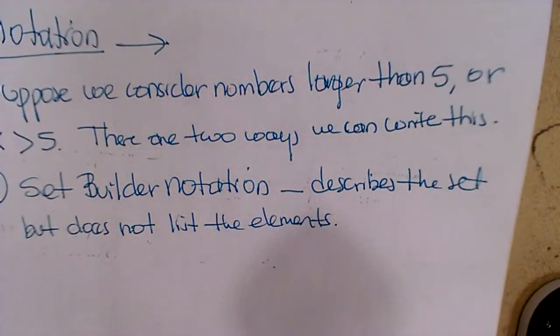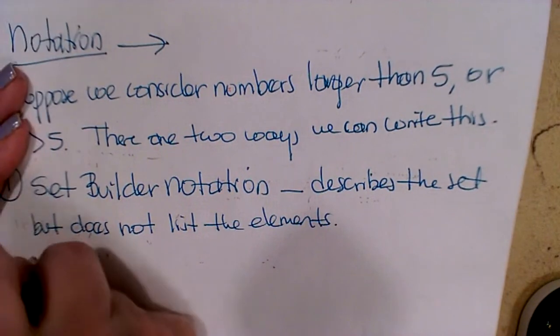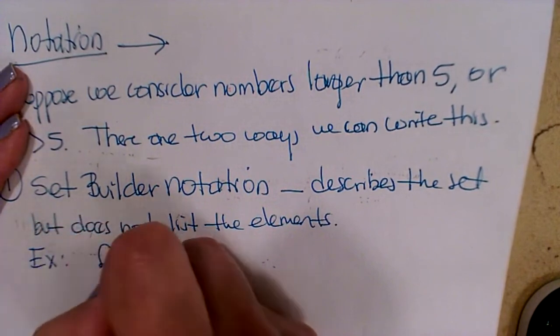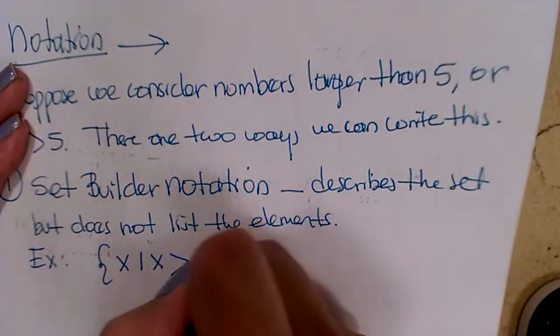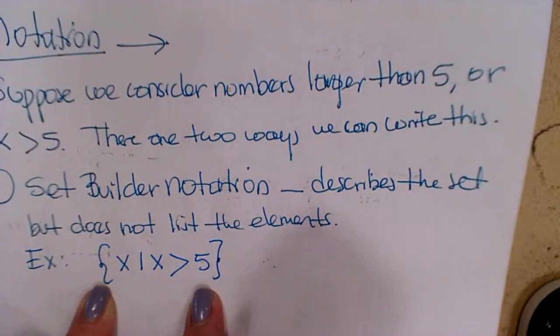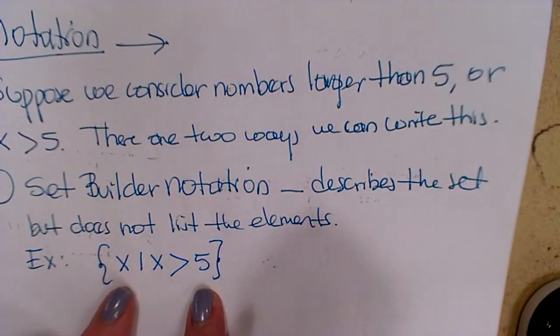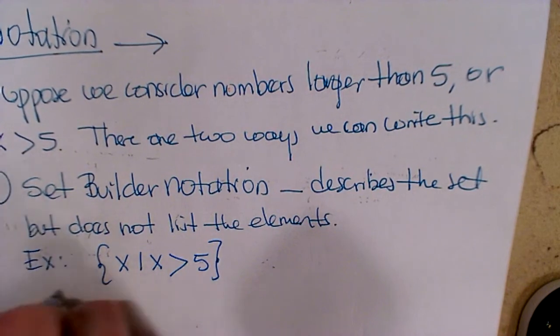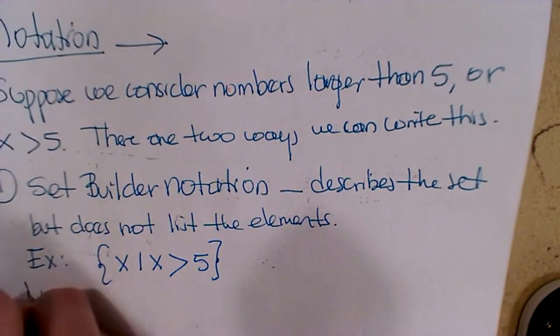Now, for example, the set of numbers, for example, this. That's the set builder notation. And it means the set of all numbers such that the numbers are greater than 5. That's how you read it.